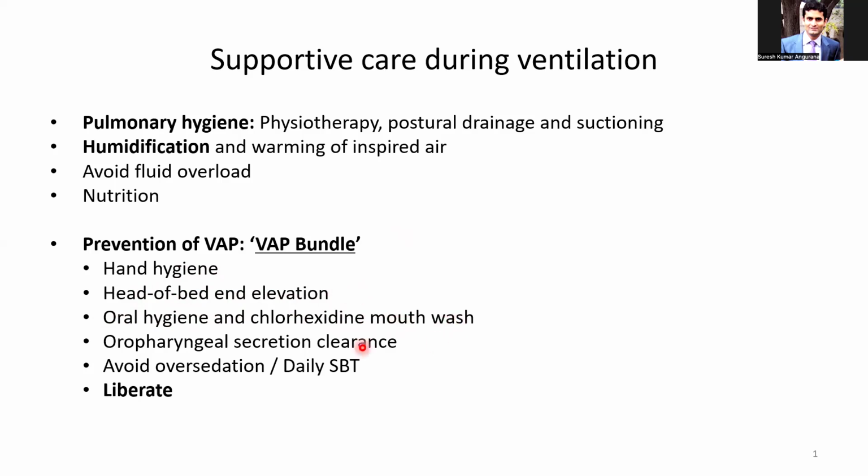Clear pharyngeal secretions regularly with endotracheal tube suctioning. We should avoid over-sedation, and we should give a daily sedation break, stopping sedation for a few hours and see how the patient breathes, and we should liberate the child from the ventilator as soon as possible. So that should be our aim, to liberate a child from mechanical ventilation as early as possible.